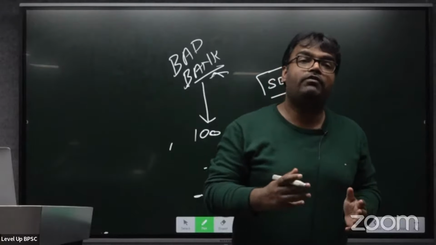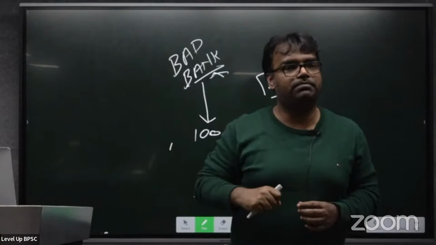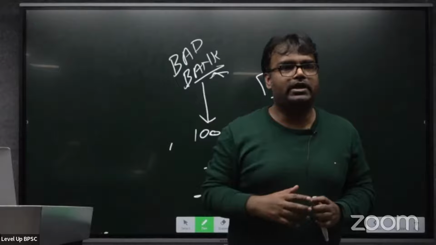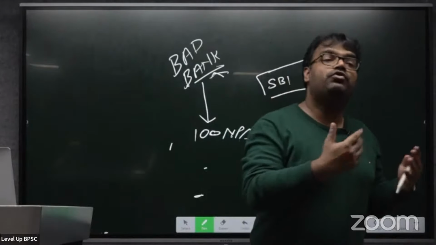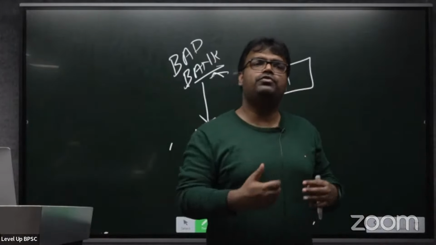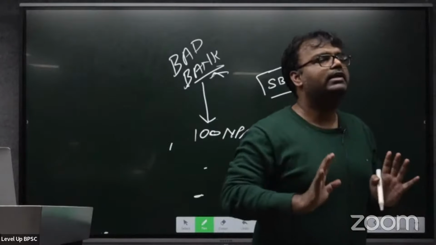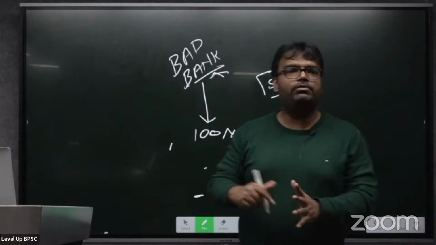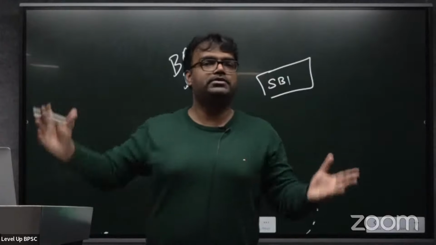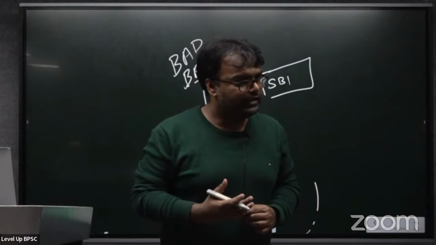Now we already have a number of private asset reconstruction companies in the country. There are 25 private asset reconstruction companies, but the amount of capital and resources that they have is very less, and that's why they are not able to deal with big issues and big concerns.